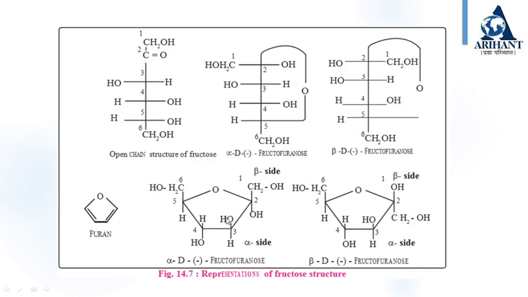Then OH H, H OH, and lastly CH2OH and H. Okay, and this oxygen will be at the center. So you will get one Haworth structure for alpha fructofuranose and a second structure for beta fructofuranose. So these are the Haworth structures.